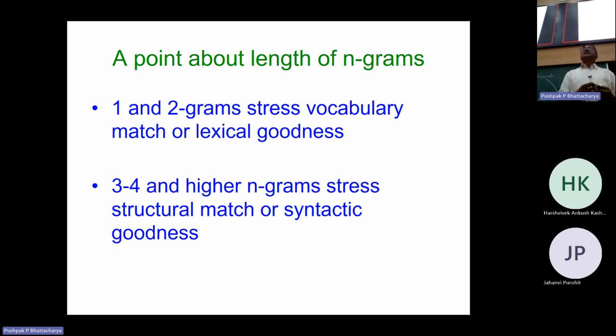So trigram, quadrigram will fail in case of free word order languages and give a misleading impression about BLEU score. That is why BLEU score has been criticized very badly. There was a time when BLEU score was thought to be completely unsuitable for free word order languages. Then variations on BLEU score came. To deal with synonyms, Meteor came. To deal with free word order languages, other constructs were introduced. Subwords, for example, were introduced. We'll discuss those things later.